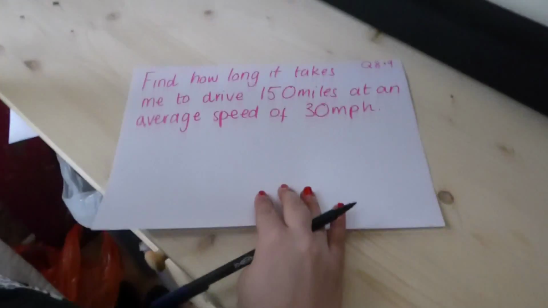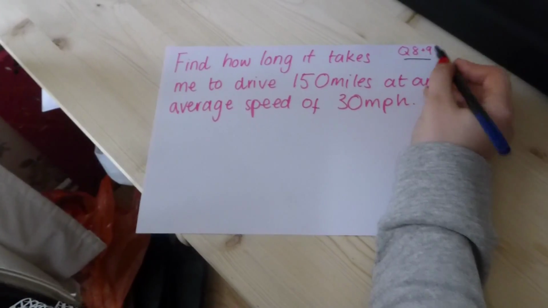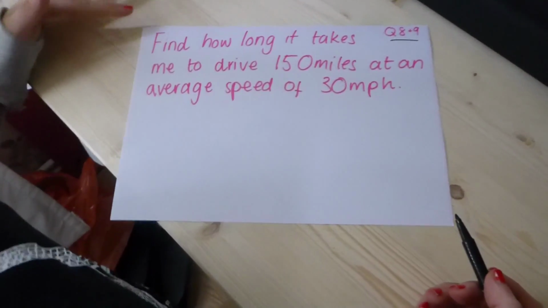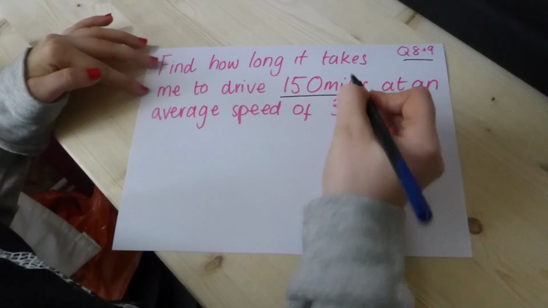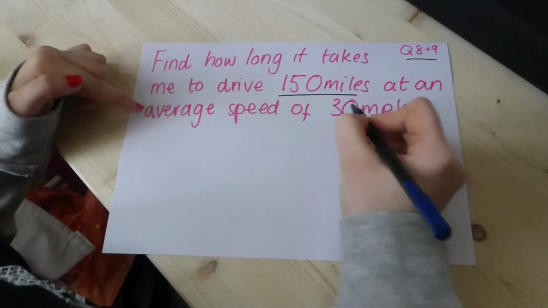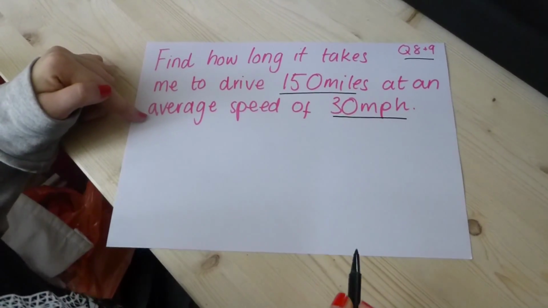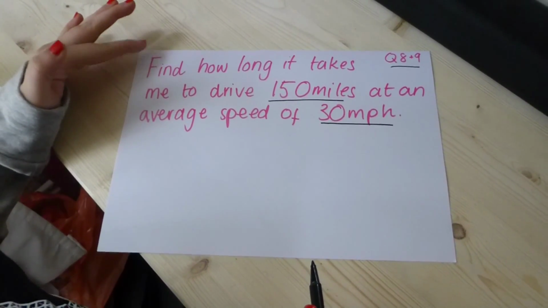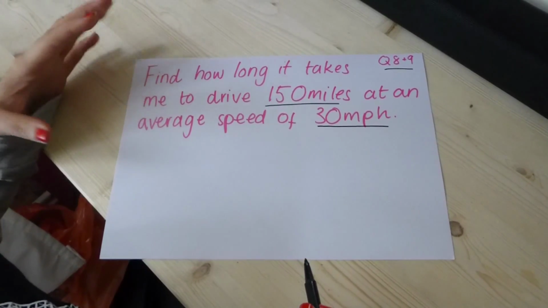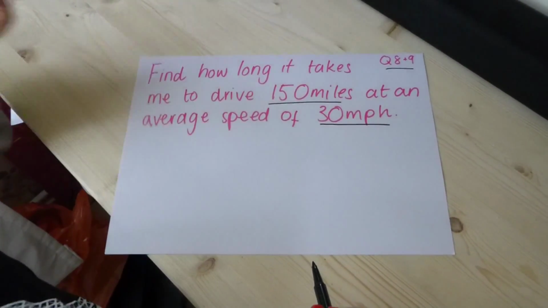This is the last question we're going to do, and this is very similar to question 8 and 9 on your homework. Find how long it takes me to drive 150 miles at an average speed of 30 miles per hour. So here it's asking me to find how long it takes. It's asking me to find the time, how long it takes me to get there.